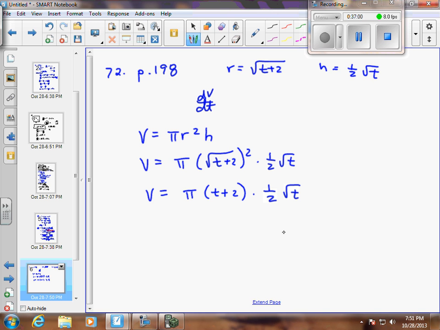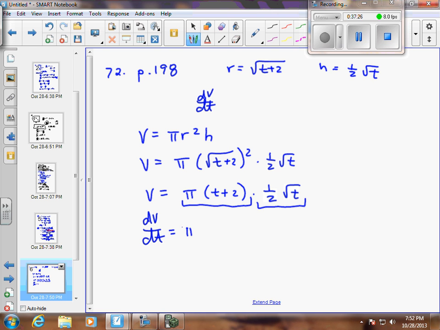So that's about as good as I can get. I can't distribute the t plus 2 over square root of t. So to find the derivative with respect to t, I'll use the product rule. So I'll call this the first function and this part the second function.